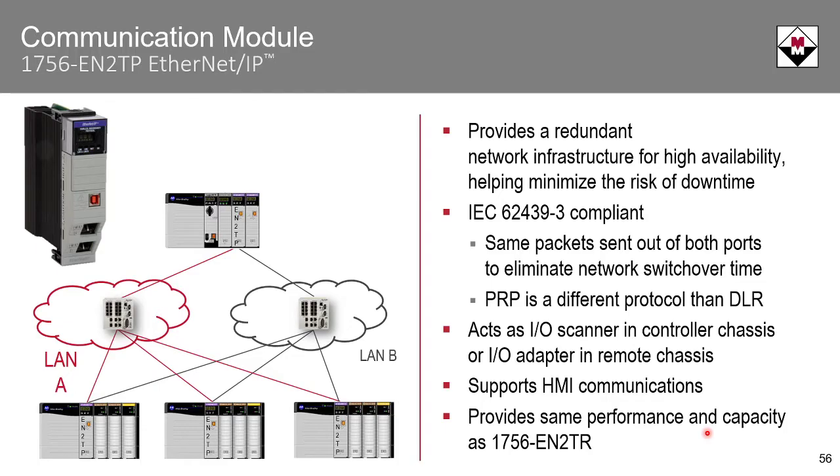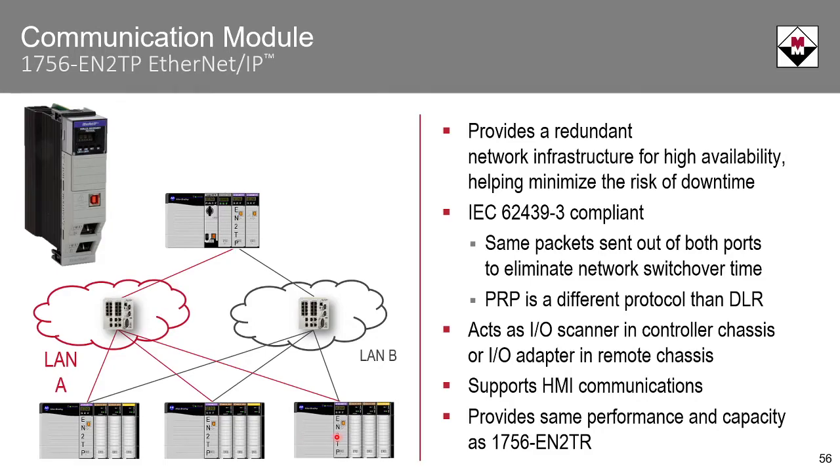So with a parallel redundancy protocol network, redundancy is in the end nodes. Here I have two very independent networks, two separate switches. The end nodes are called doubly attached nodes, or DANs for short. In this example, the DANs are the EN2TPs, here, here, here, and here.